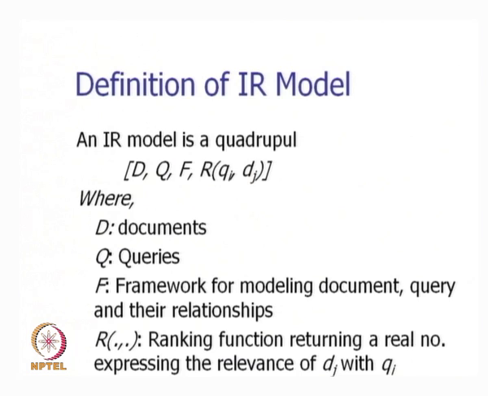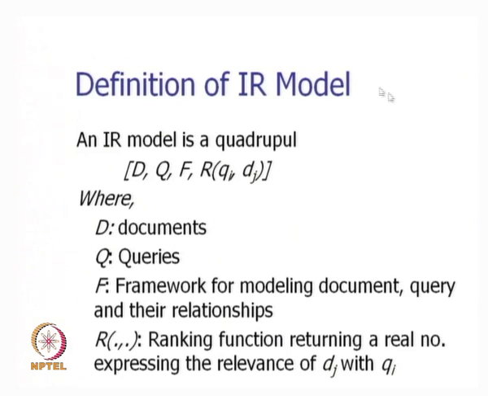We have seen this before, that an information retrieval model is defined as a quadruple, where the four components are D, Q, F and R being a function of Qi and Dj, where Qi is the ith query, Dj is the jth document.